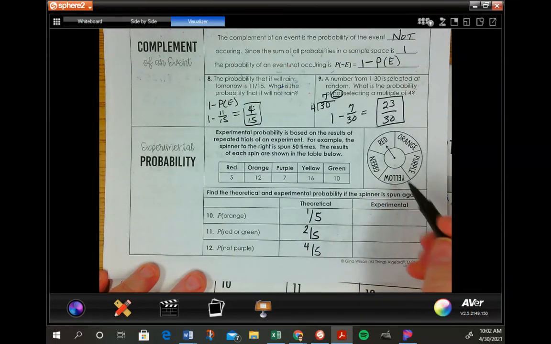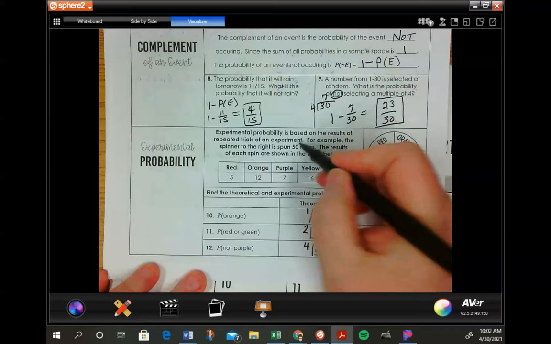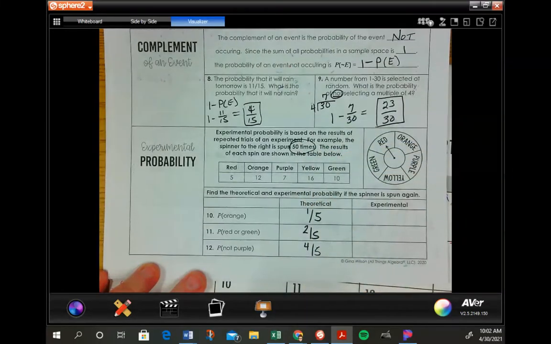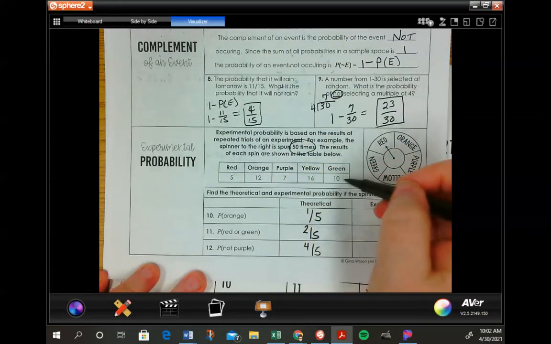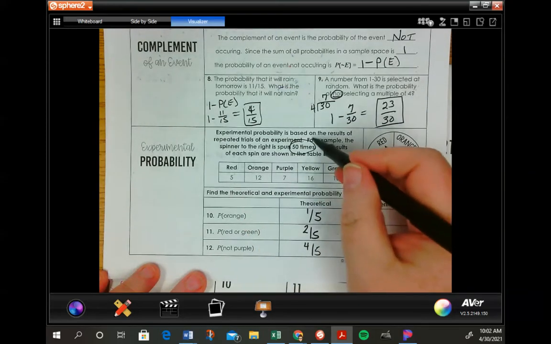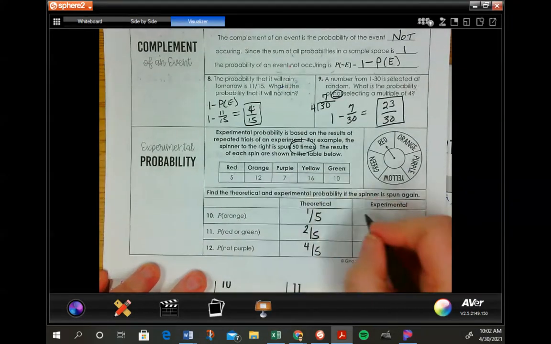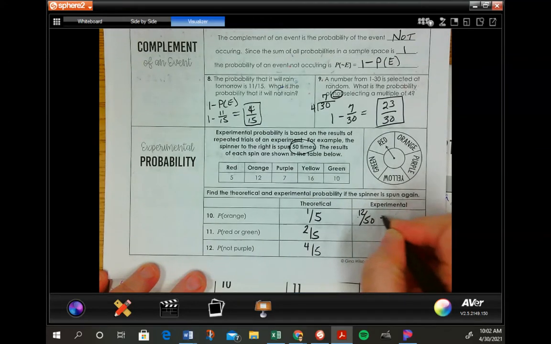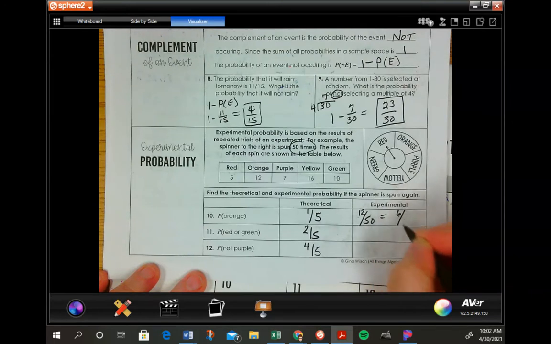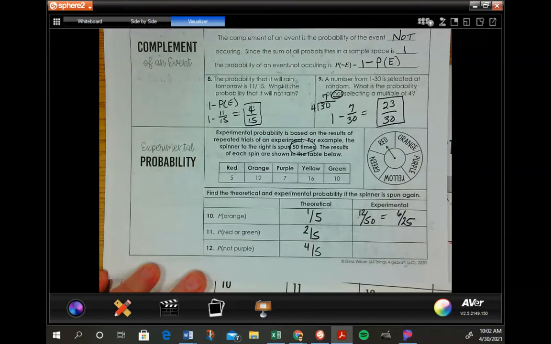But experimental means we take the 50 results and the number of trials over the number of times. So the number of oranges, 12 over 50. And average is just a 6 over 25. It's a little bit different than 1 over 5.